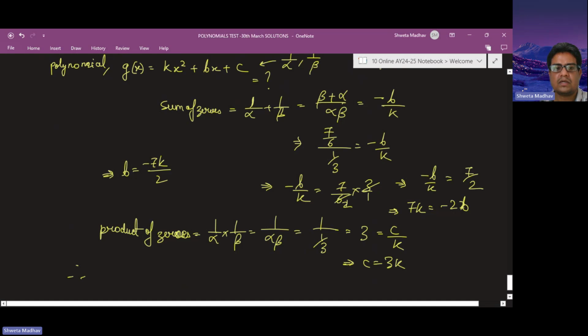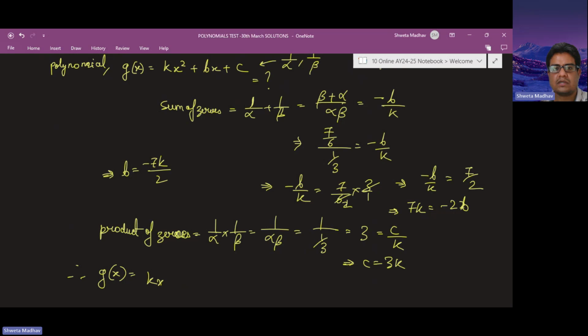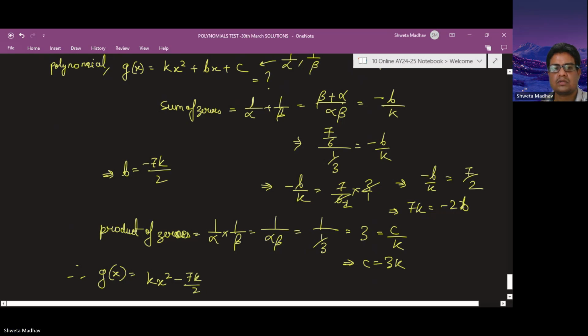So therefore the required quadratic polynomial g of x can be written as kx square minus 7k by 2 x plus 3k.